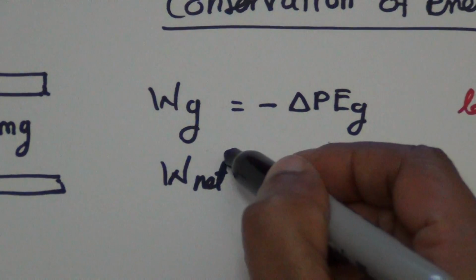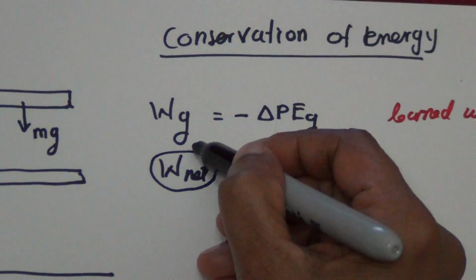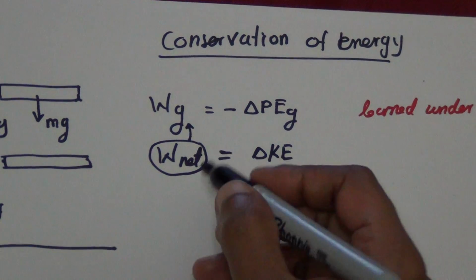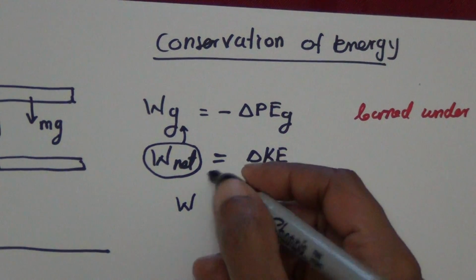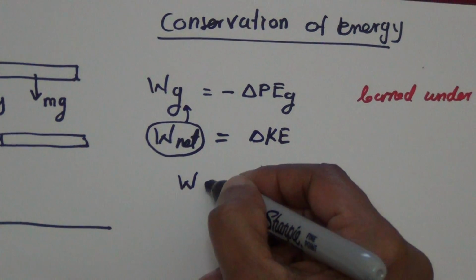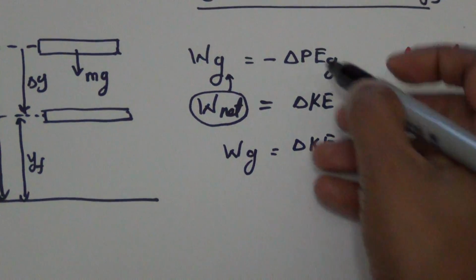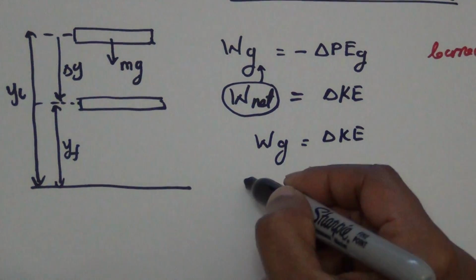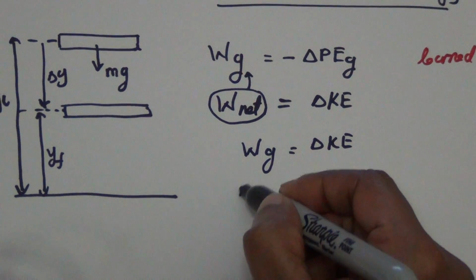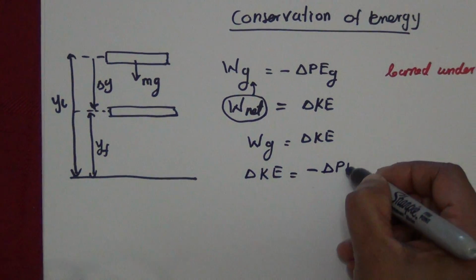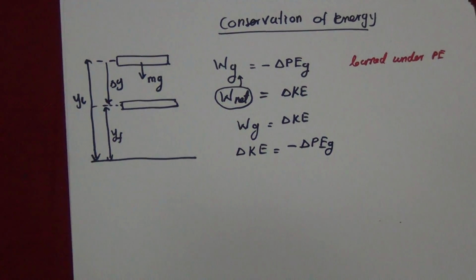We know the net work is only due to the gravitational force. So I can write the work by gravity is delta KE, and work by gravity is this one. So I can write delta KE is the negative change in potential energy, right?